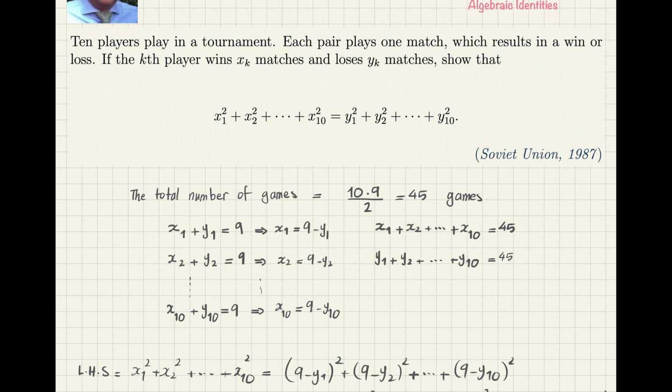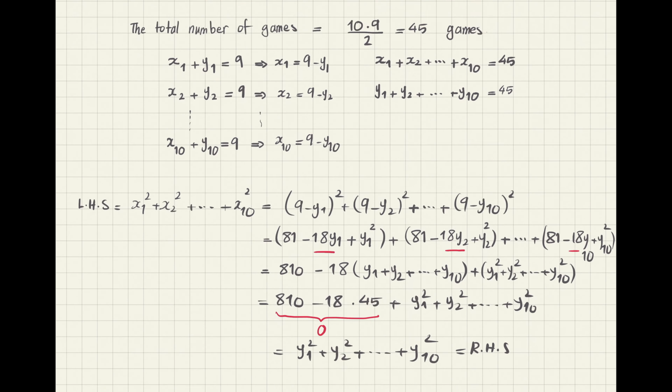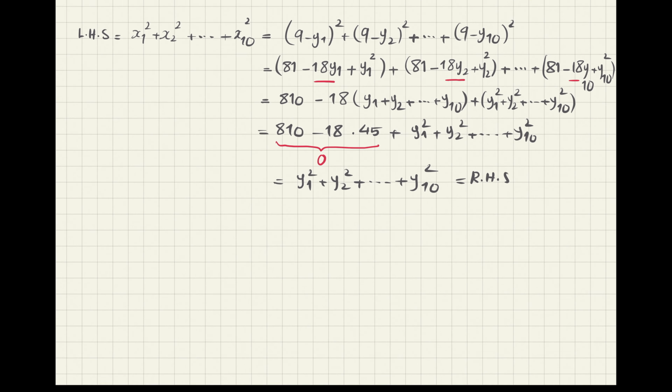Of course, it might be that this is the case for some possible scenarios, but it is not guaranteed that the numbers that appear on the left from x1 up to x10 are exactly the same numbers that appear on the right from y1 up to y10, just in different orders. It might be that this is indeed the case, but you can cook up scenarios in which this is not the case. And I want to convince you that this is not the case.